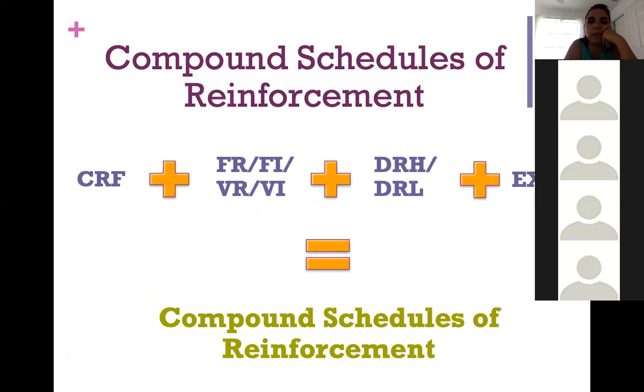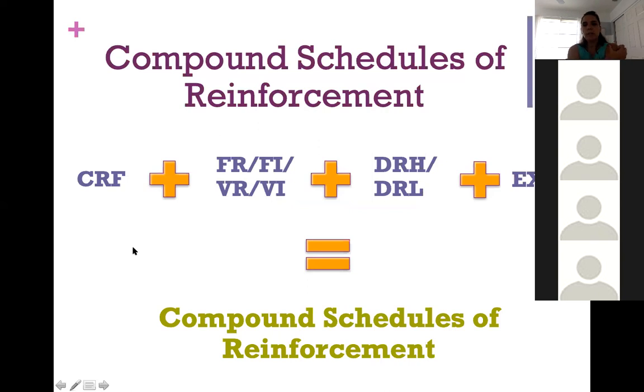It means for every correct response, they get a reinforcer. And we basically do this at the beginning when we want to build the foundation for a new skill. And slowly we move to a less strict schedule of reinforcement, which could be the fixed ratio, FI, and then slowly to compound schedules.